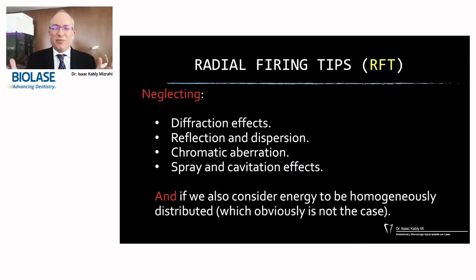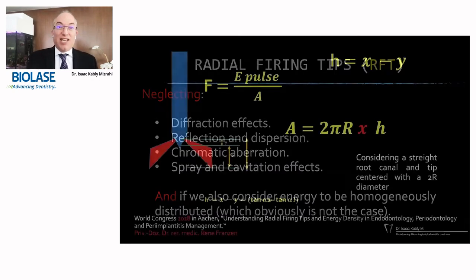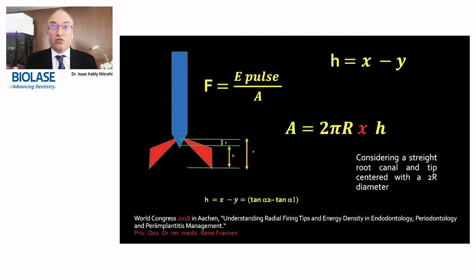So coming back to the radial firing tips, we have here some statements: neglecting the diffraction effects, the reflection and dispersion, the chromatic aberration, and the spray cavitation effects. If we also consider the energy to be homogeneously distributed, which is obviously not the case, then we can measure the energy delivered, considering a straight root canal and the tip center with a 2R diameter.